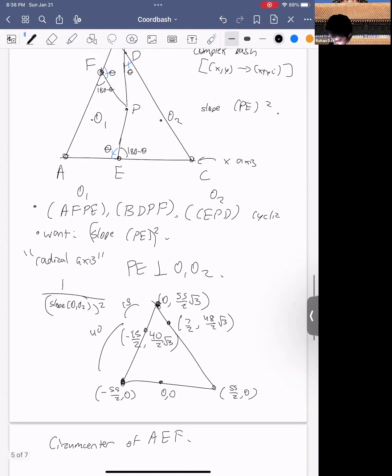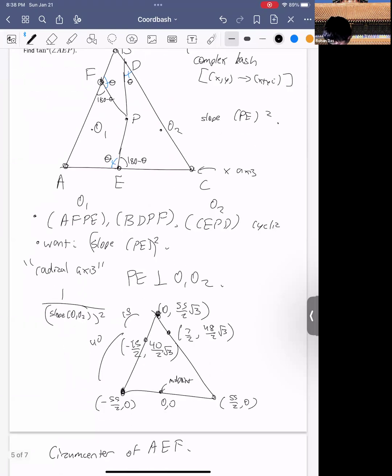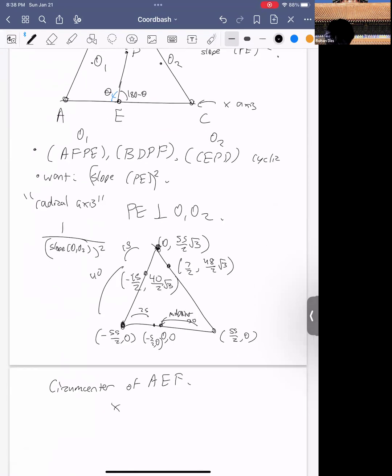I forgot that this is not E, this is the midpoint. E is actually the point which is 25 from A and 30 from C. So it is negative 5 over 2, 0. And the perpendicular bisector is the line x equals negative 30.